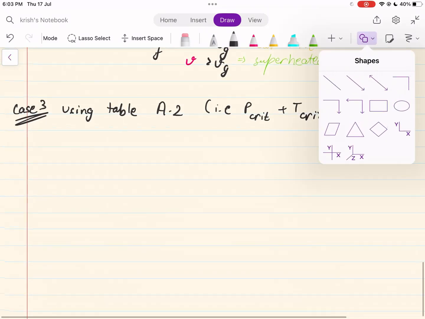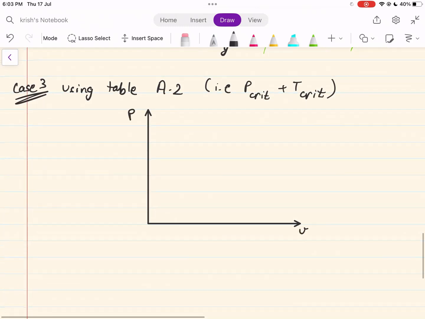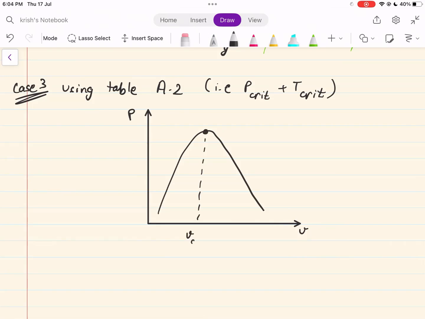Right. Let me just draw the diagram, and then you will automatically be able to understand what is going on. This is our critical point. This is our critical specific volume. Sorry, this is T. This is T crit. And this is our critical pressure line.